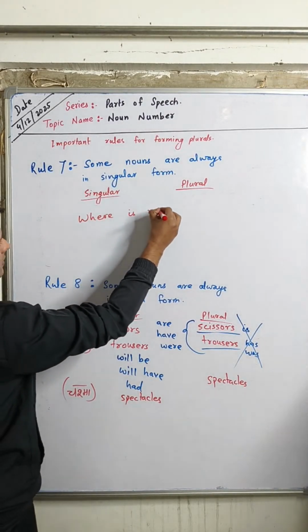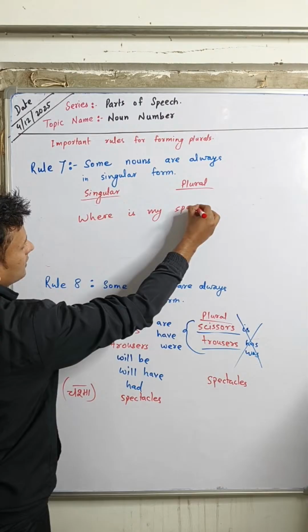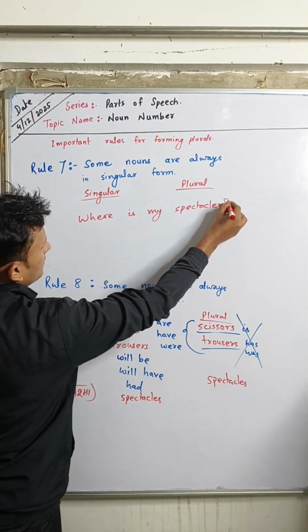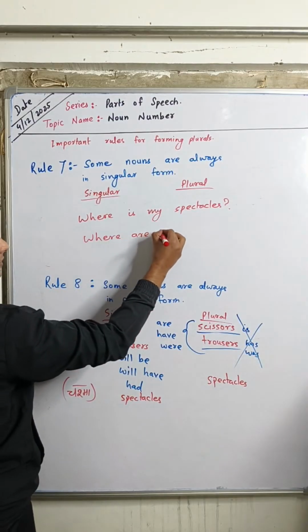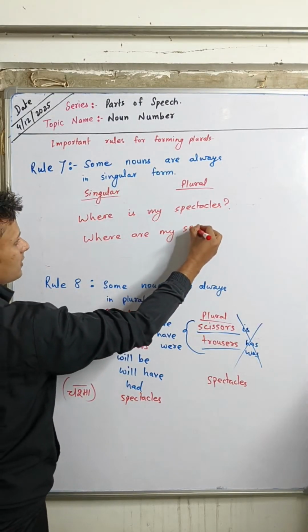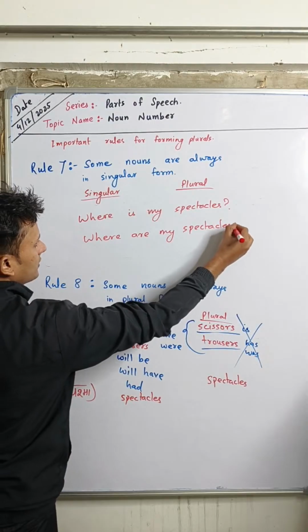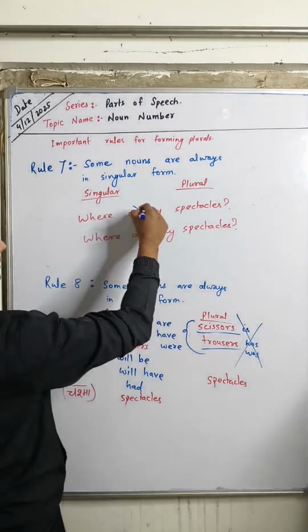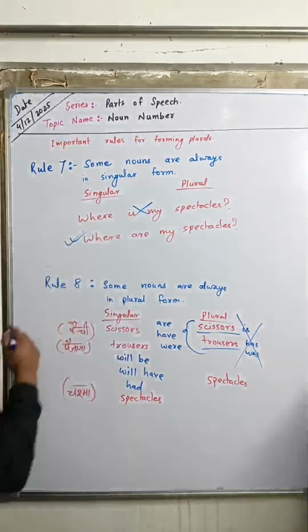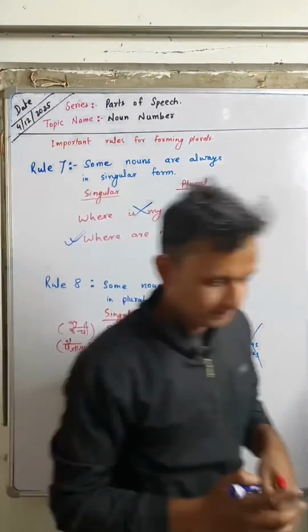It is better to ask where are my spectacles, right? You shouldn't use the first one, you should use this sentence.